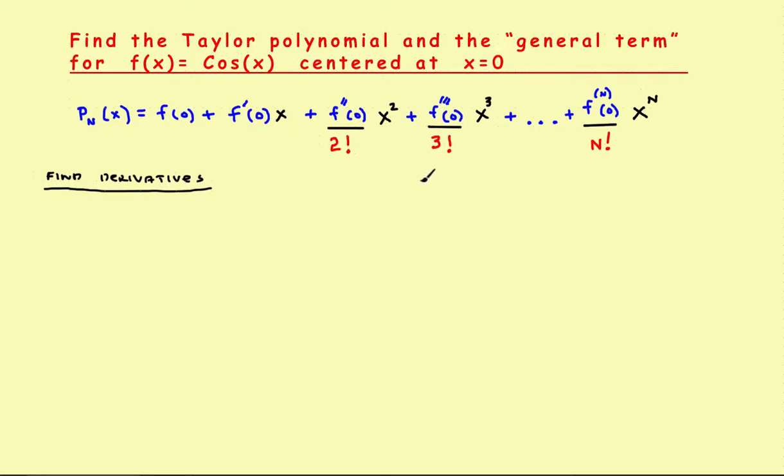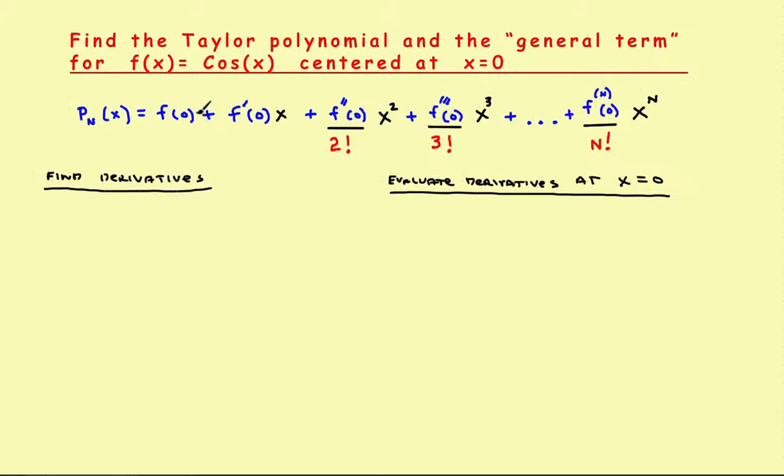And I would suggest you write these side by side just to make sure you don't miss any of them. So evaluate the derivatives at x is equal to 0. So those are going to be our two steps to come up with the blue part of the formula.